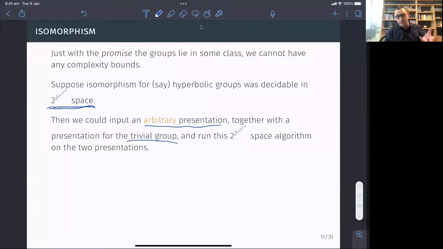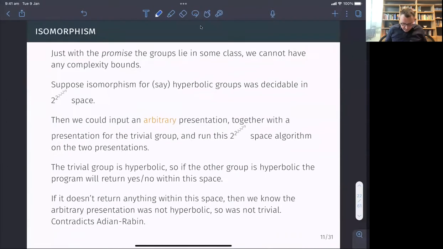I'm sure you can all come up with a presentation of the trivial group fairly quickly. Then we run this crazy 2 to the 2 space algorithm on these presentations. If this alleged algorithm is supposed to work for hyperbolic groups, the trivial group is hyperbolic. And if the other group is hyperbolic, then the program is guaranteed to give a yes/no answer within the space.